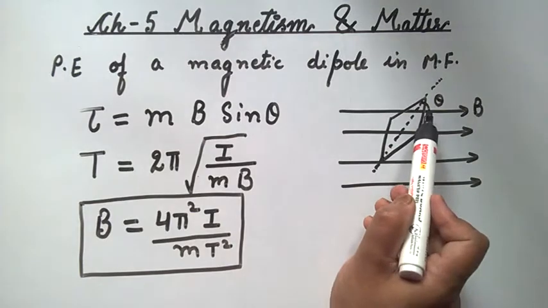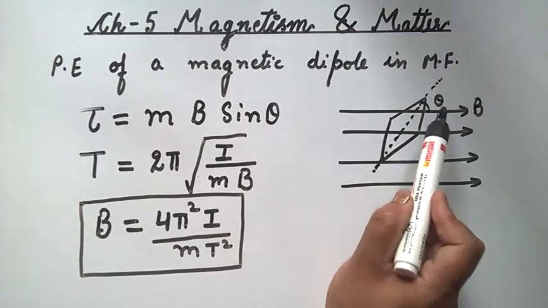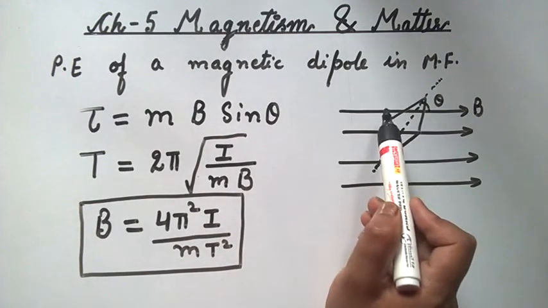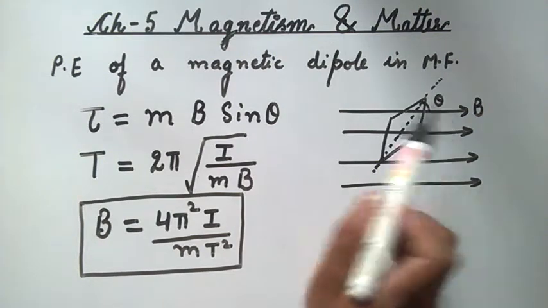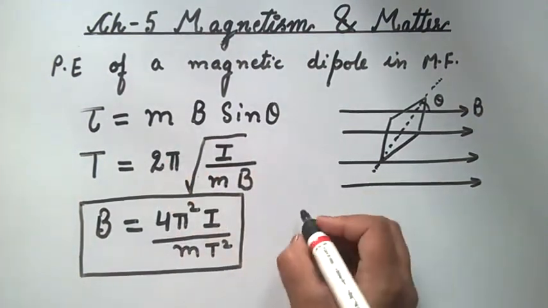Now if we rotate this magnetic needle by a small angle d theta, then the small work done is given as follows.